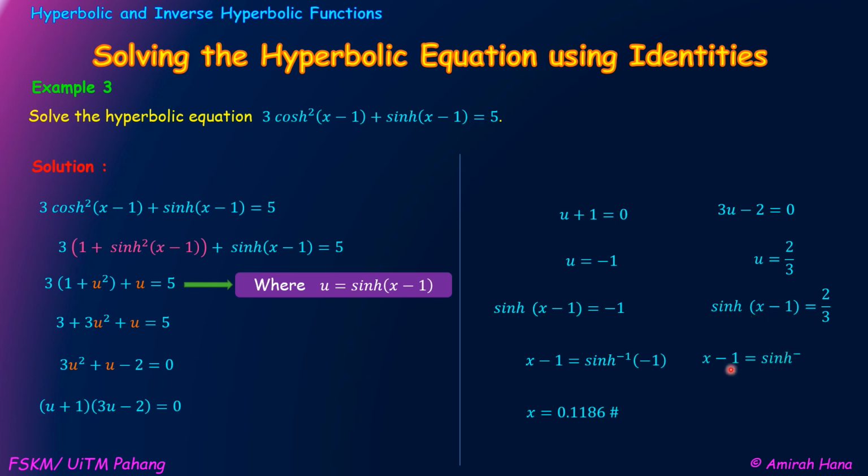And then we have the left hand side x minus 1 equals, we move sinh to the right hand side, so we get inverse sinh of 2 over 3. And then x equals, we move minus 1 to the right hand side, so we get 1 plus inverse sinh of 2 over 3. So using a calculator, we get x equals 1.6251 up to 4 decimal places.